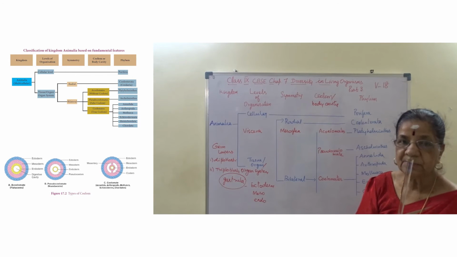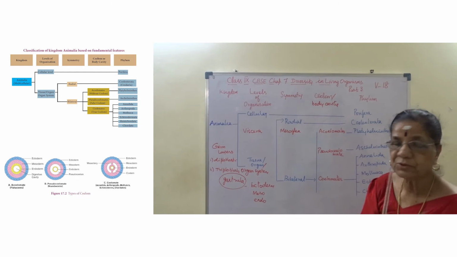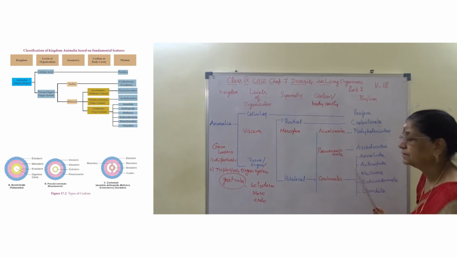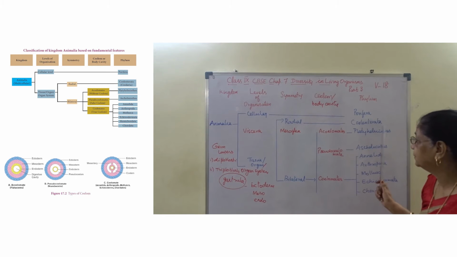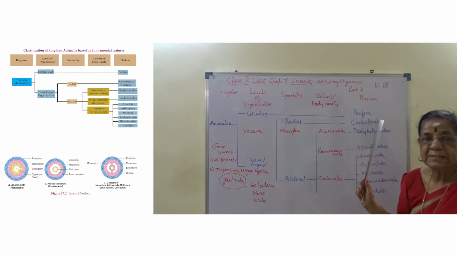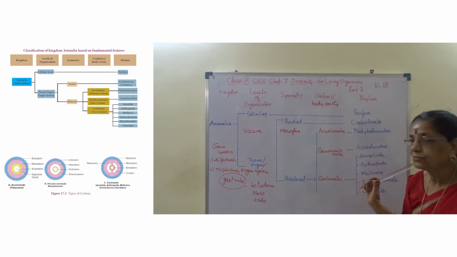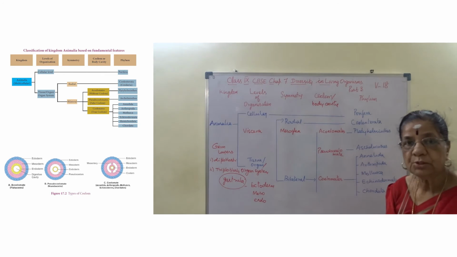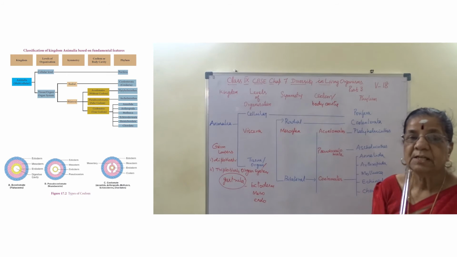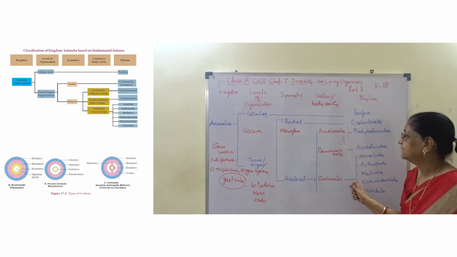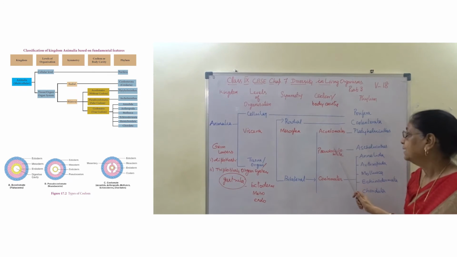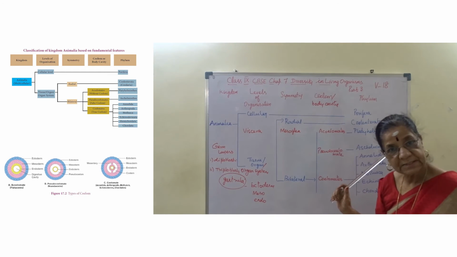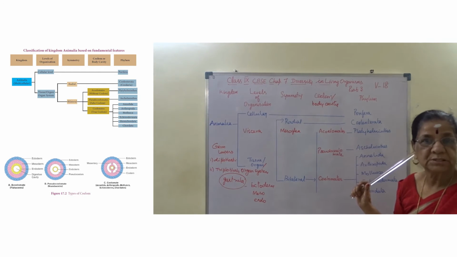Now this coelom again is of three types: acoelom, pseudocoelom, and eucoelom. Acoelom means animals with no coelom at all. In some animals, for example, parasitic worms, they don't have any body cavity. So they are called acoelomic animals. Whereas in pseudocoelomic animals, it looks like a coelom, but it is not so.